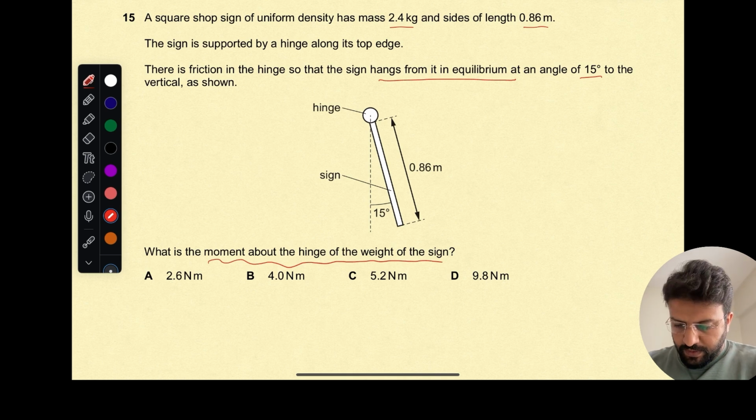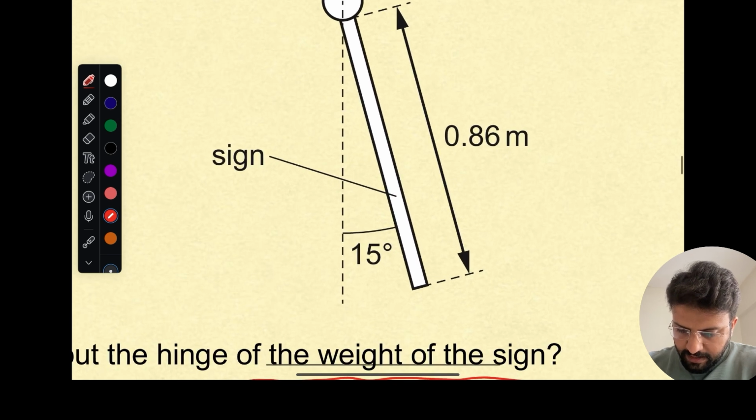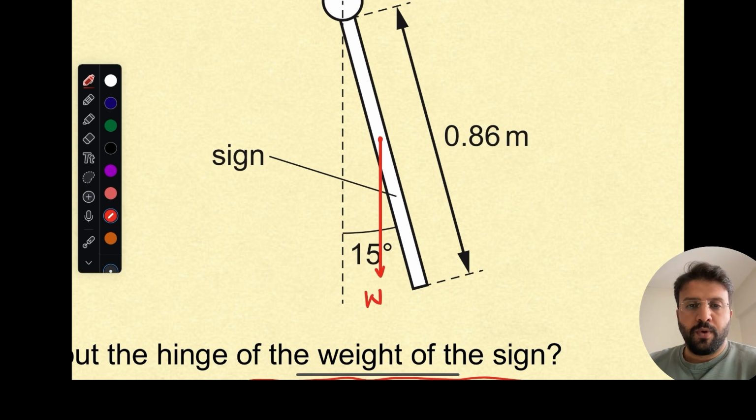Okay, if we zoom into this problem, the weight will be acting exactly at the center because it's a uniform sign, so weight will be like this. This is the point where the force is acting, and this is the pivot point.